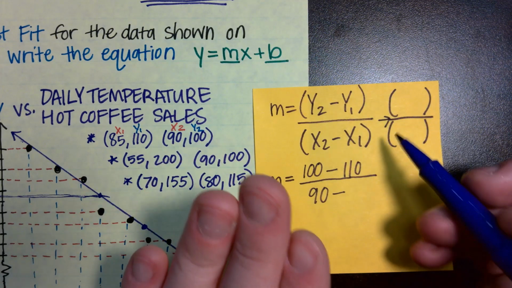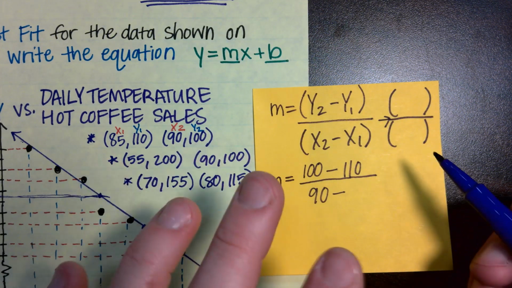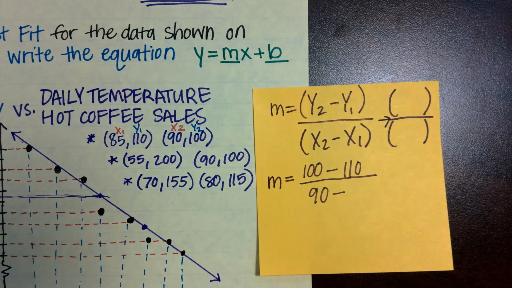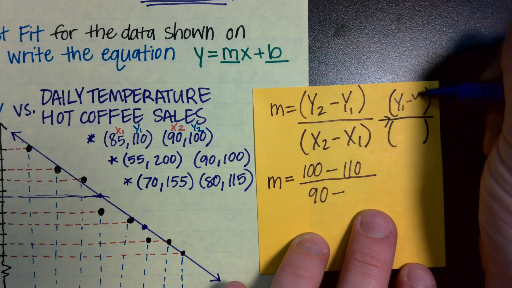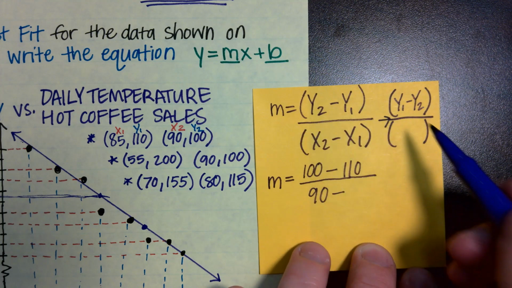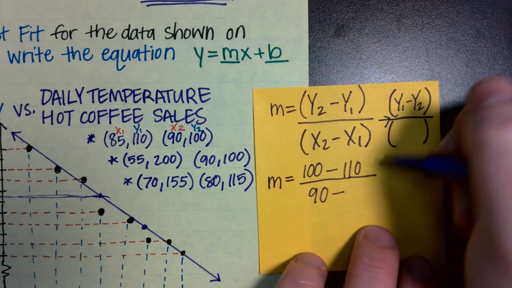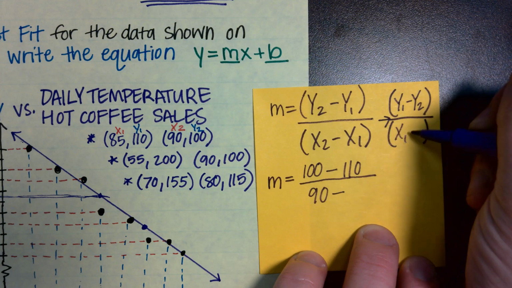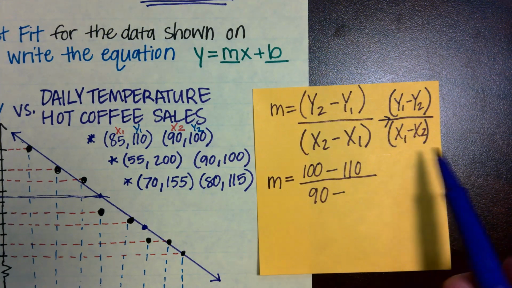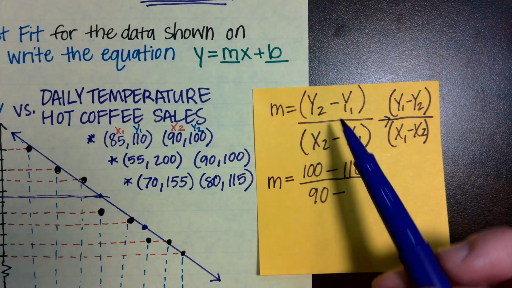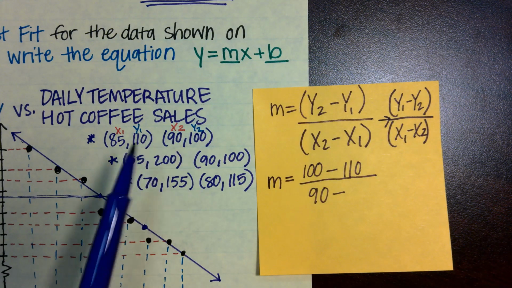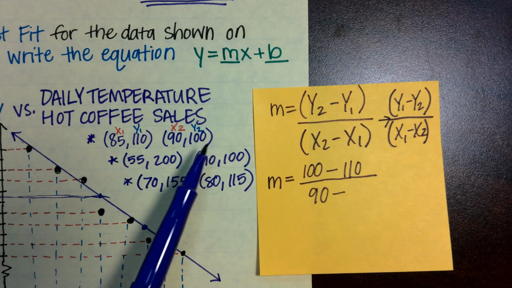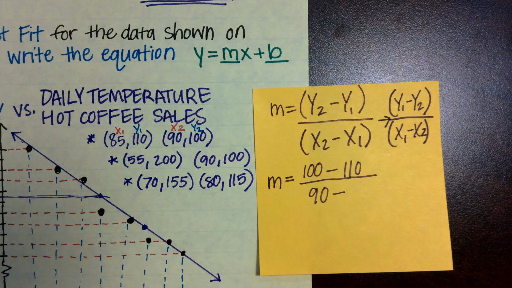But it doesn't actually matter what order you put them in as long as you're consistent with the order. So what if I did y1 minus y2 instead? I could do that as long as I do the same thing with my x's, x1 minus x2. So if putting the 2 first feels strange, you can always do 85 minus 90 and 110 minus 100 instead. The key is being consistent with it though. You will get the same answer.